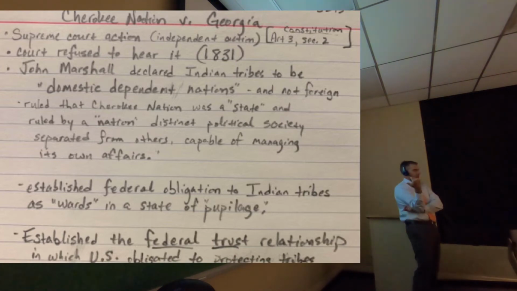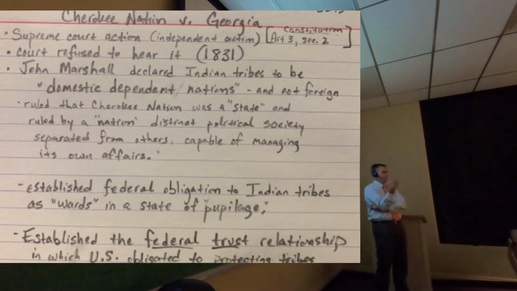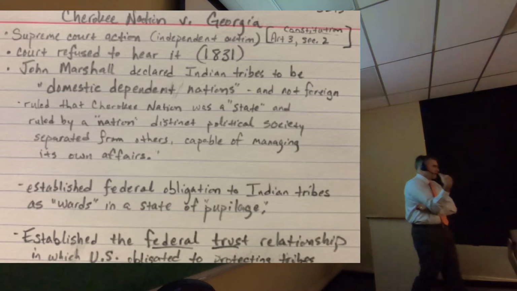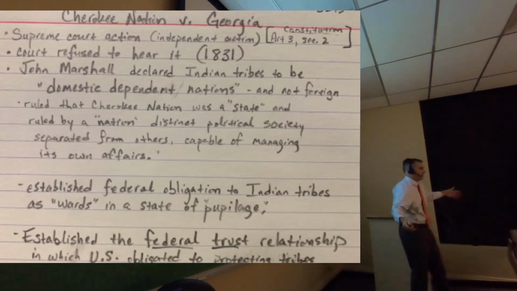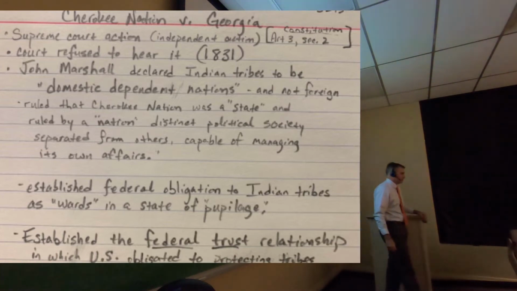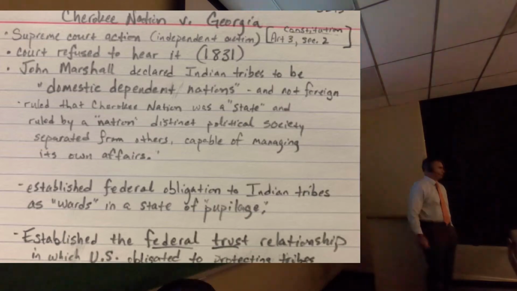And because the state of Georgia declared all of the laws within the boundaries of the existing Cherokee Nation to be null and void, it was saying that Georgia was refusing to recognize its sovereignty. So basically the Cherokee Nation went to the Supreme Court as an independent state would, as if, you know, Switzerland would come to the United States and say, we've got a beef with one of your states.